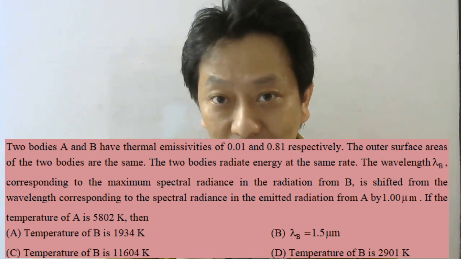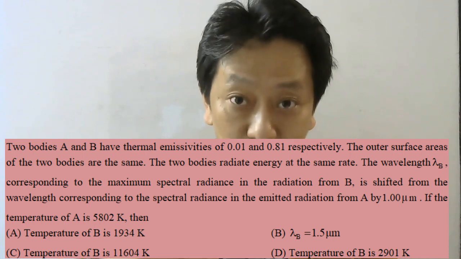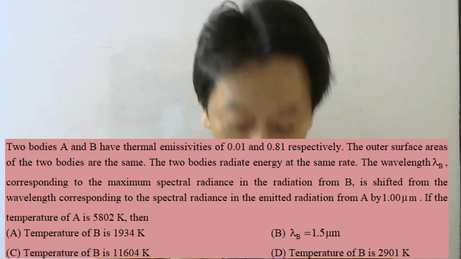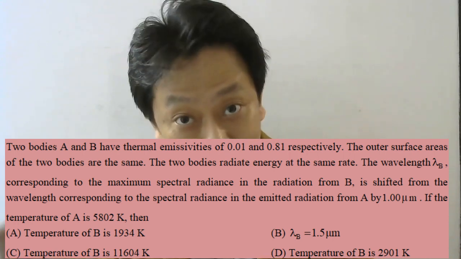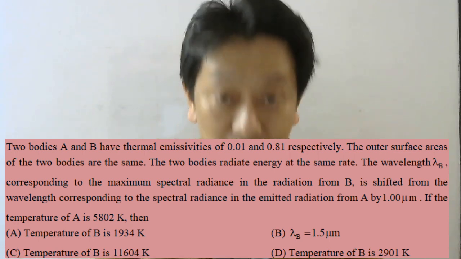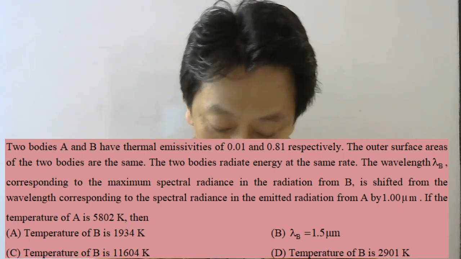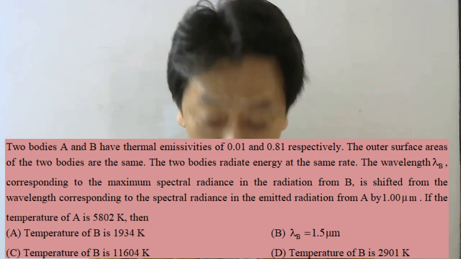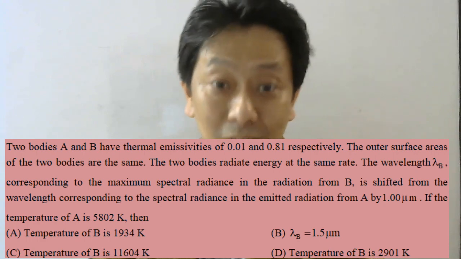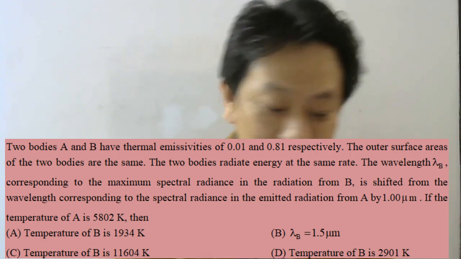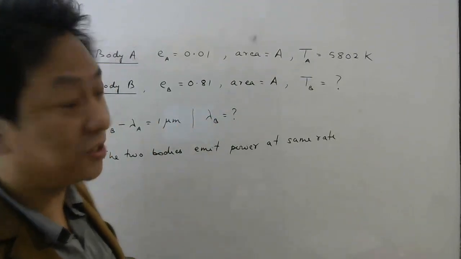So basically what they are saying is the wavelength at which intensity is maximum for one of the bodies is shifted from the other wavelength by 1 micrometer. If the temperature of A is 5802 Kelvin, they want you to find and check the options which are mentioned here. Okay.